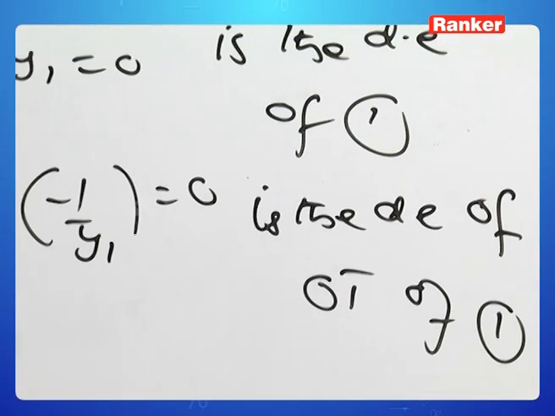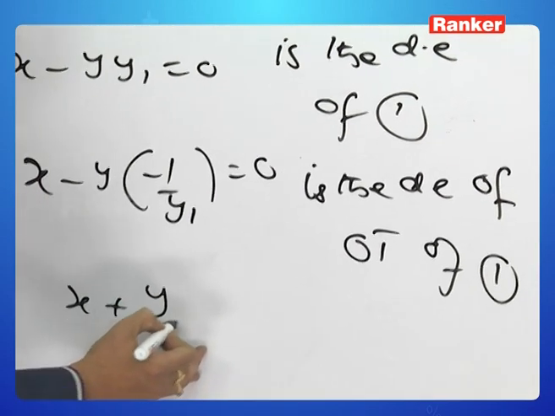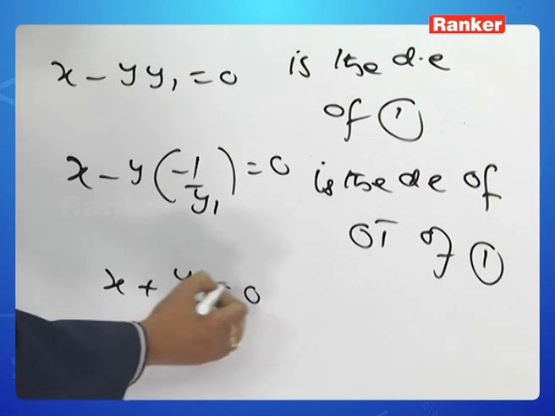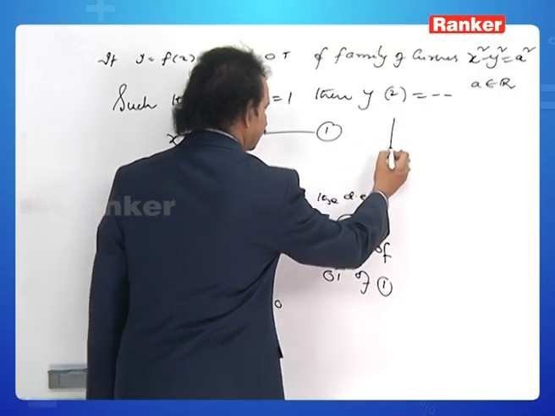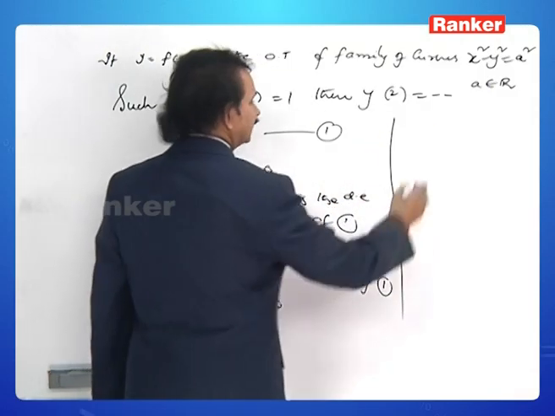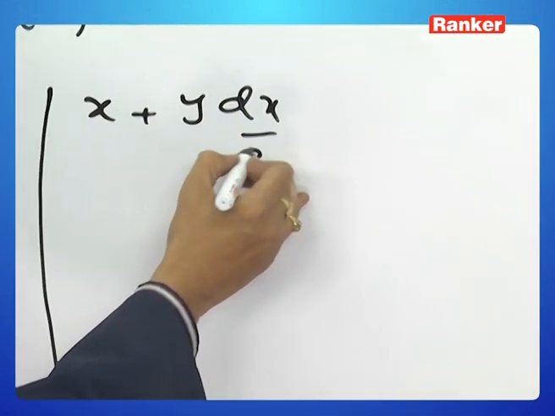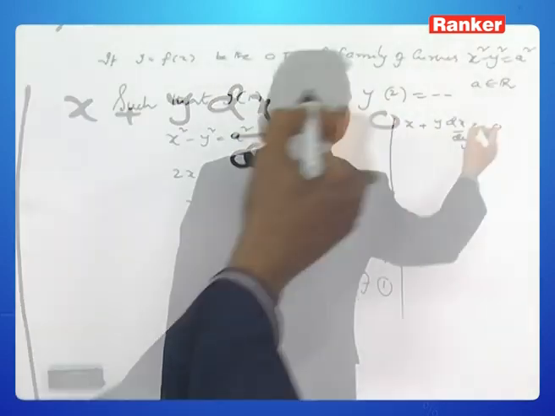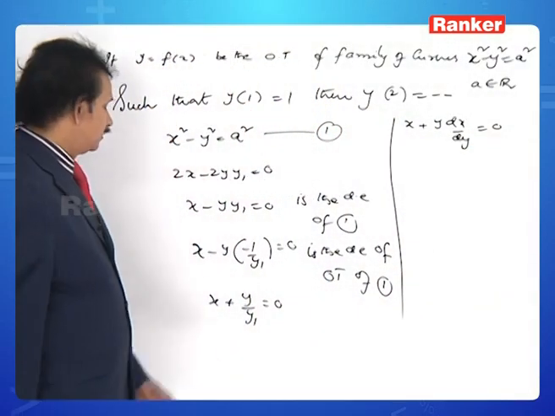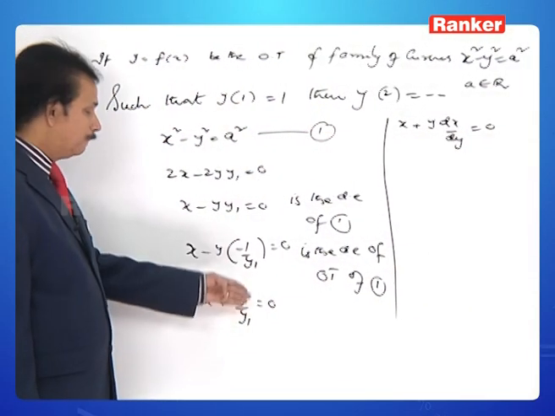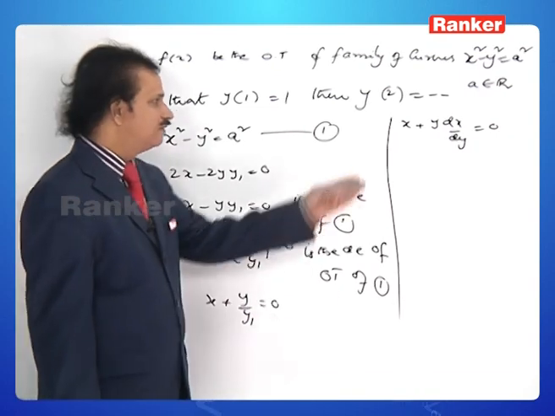So x plus y by y1 is equal to 0. That is, x plus y dx by dy is equal to 0. y1 is dy by dx. Since 1 by y1 is appearing here, we must take dx by dy.